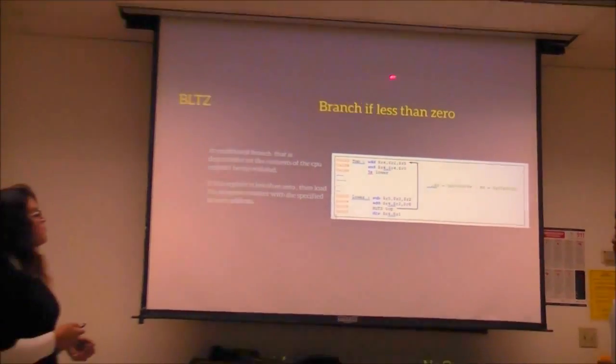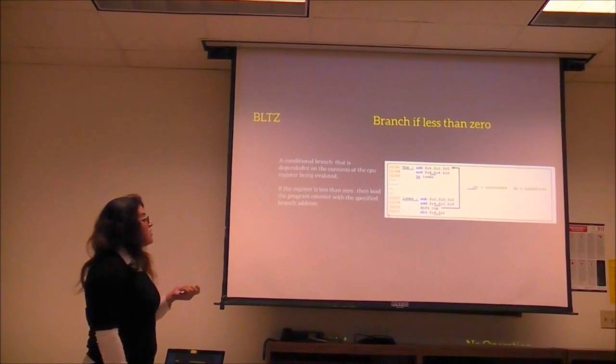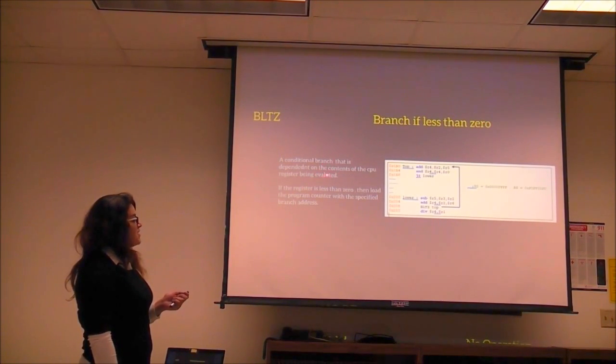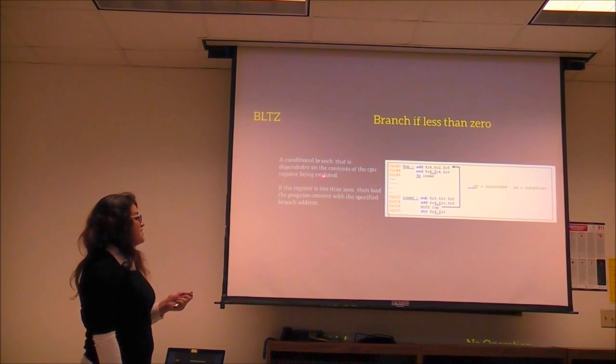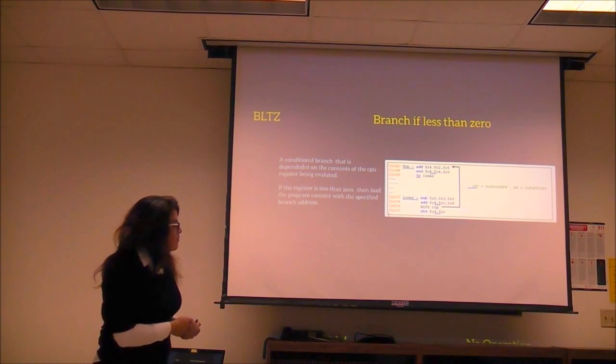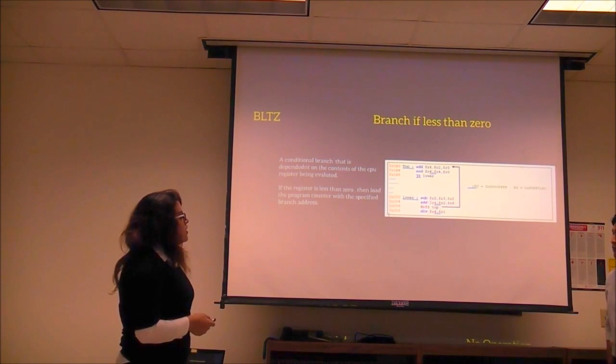As for the branching conditionally, we decided to do a branch if less than 0. A conditional branch is dependent on the contents of the CPU registers being evaluated. If the register is less than 0, then load the program counter with the specified branch address. In this example, R2 and R6 are added together.